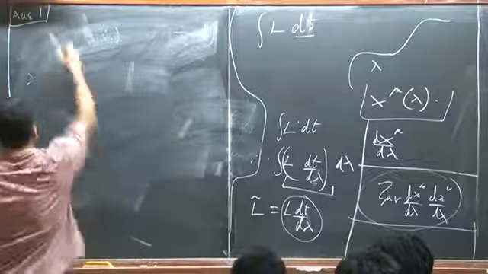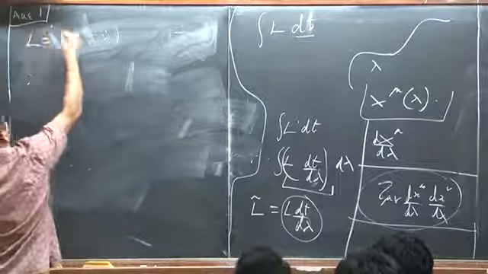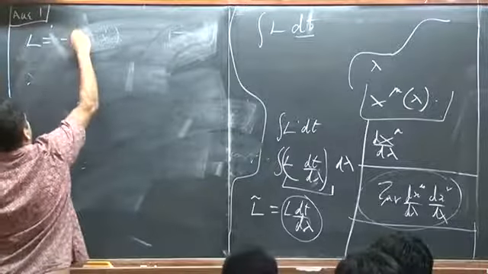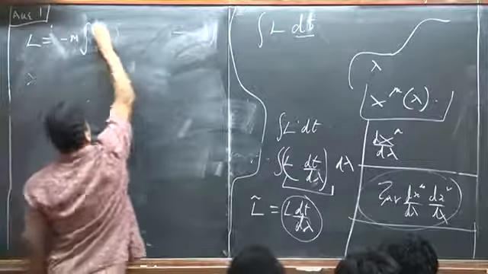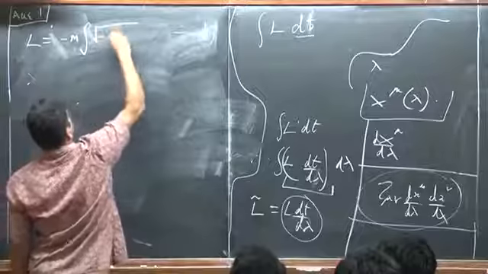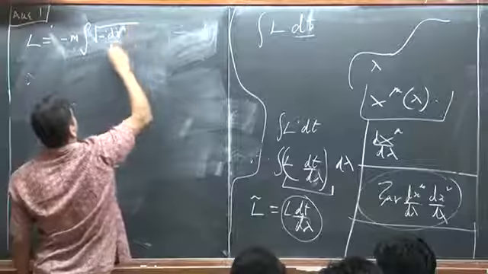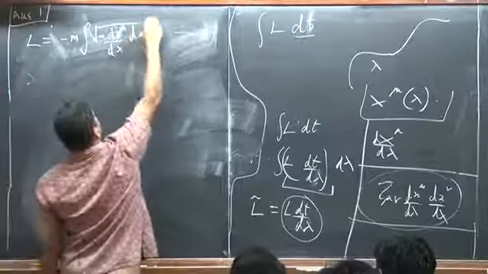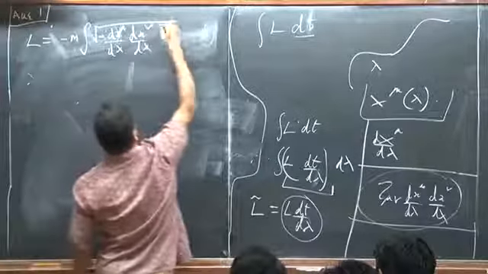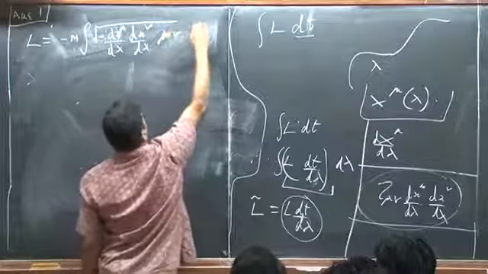So basically we are led to the Lagrangian L equal to -m, let's say, square root of minus dx mu by d lambda dx nu by d lambda eta mu nu, d lambda.